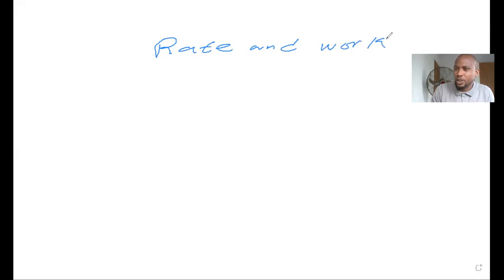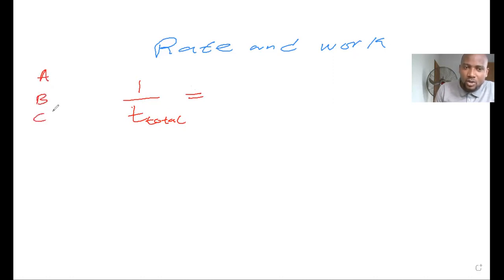Very common in the GMAT and the GRE, you see questions that ask for the rates of work. So the basic formula you should know is that 1 all over the total time, I call this time total, is always equal to, say we have maybe person A, person B, and person C doing work.